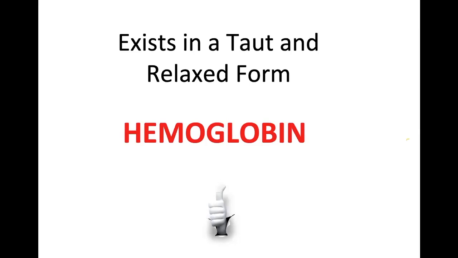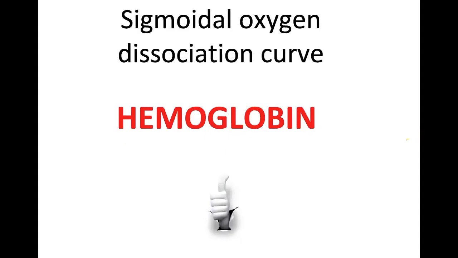Now, always remember, between the taut and the relaxed form, it is the relaxed form that can readily bind oxygen. So the binding of oxygen is easier when hemoglobin is in the relaxed form. Now, I hope you're familiar with this.